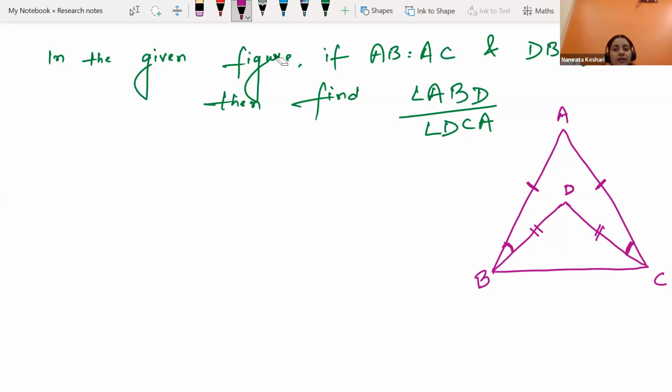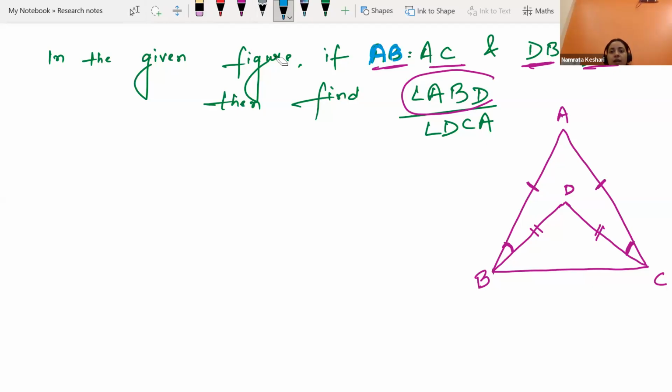So see the angles on the basis of the given information: DB, DC, AB, AC, and the angles. Let me mark it with different colors so that it will make sense. So I'm maintaining sky color for this one, AB.